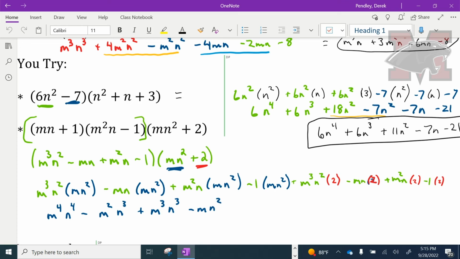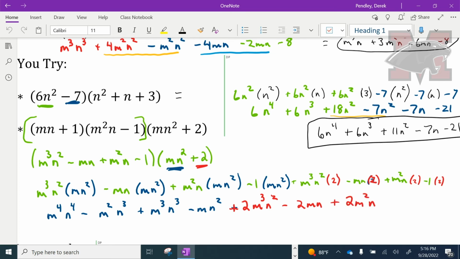Now I'm going to multiply that 2, so I'm going to change colors here so you don't get confused. So plus 2m cubed n squared minus 2mn plus 2m squared n minus 2.